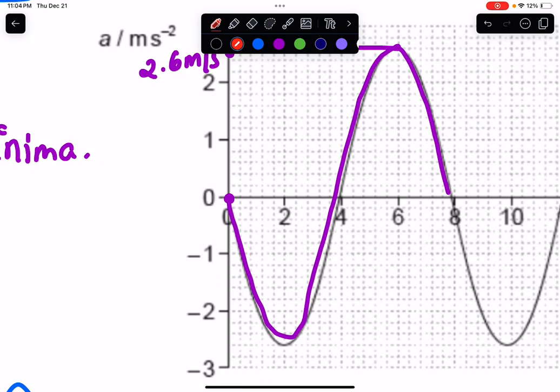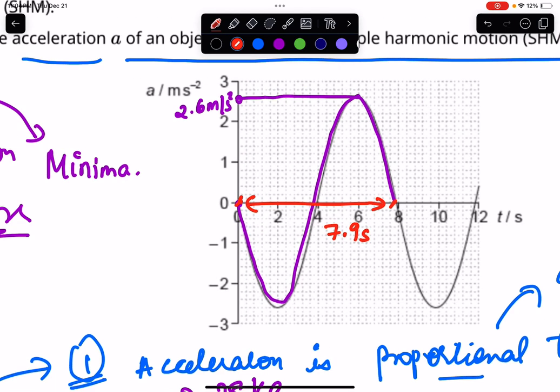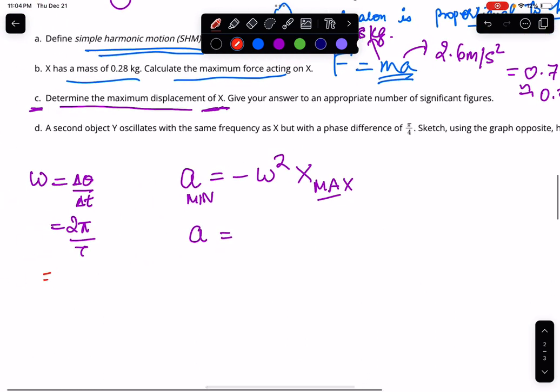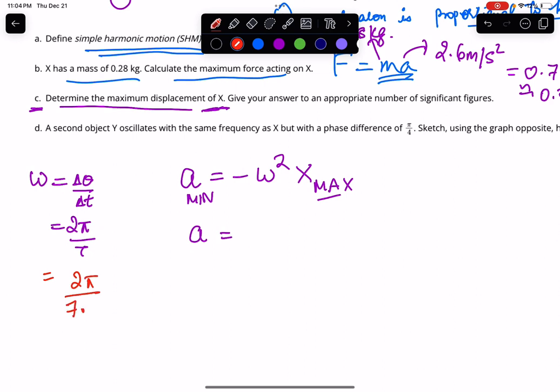And what we see is that the time period T will come out to be 7.9 seconds. So that's the period for one oscillation. Therefore omega is 2 pi divided by 7.9 seconds. And this is all in SI units, so we are good, and radians is also good.